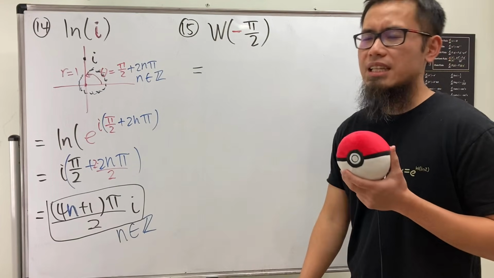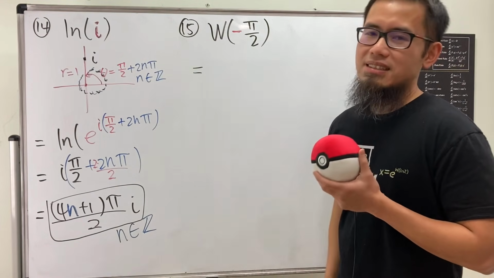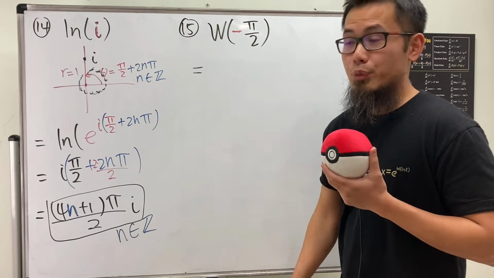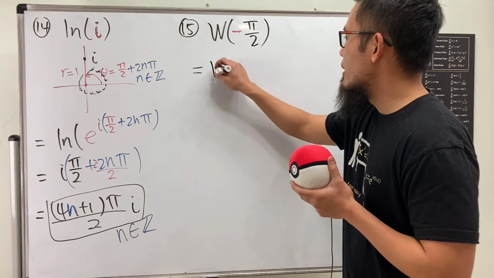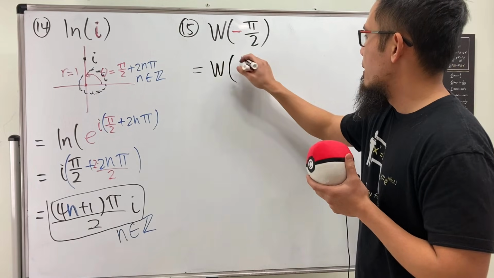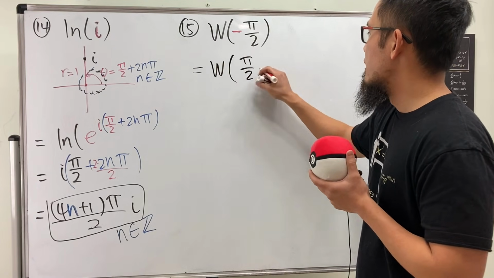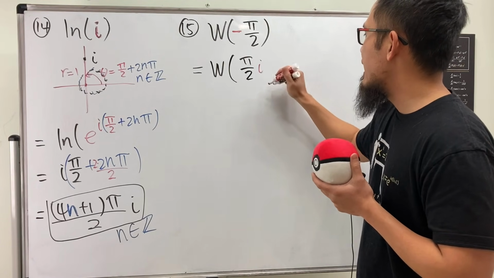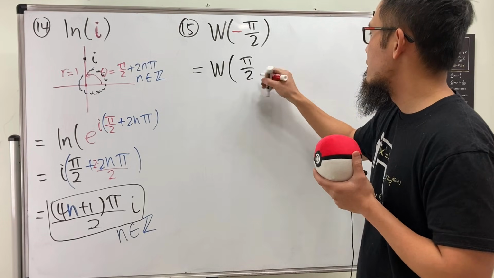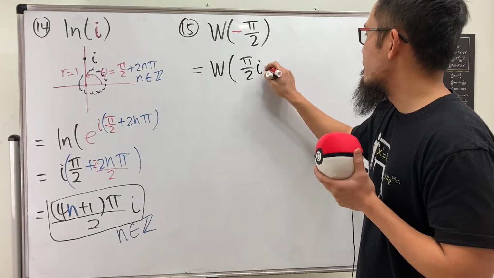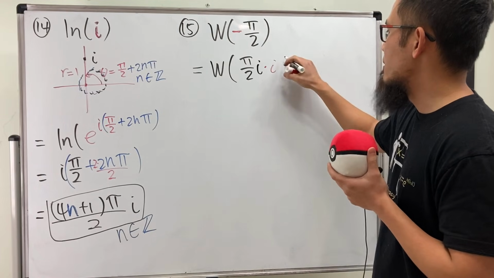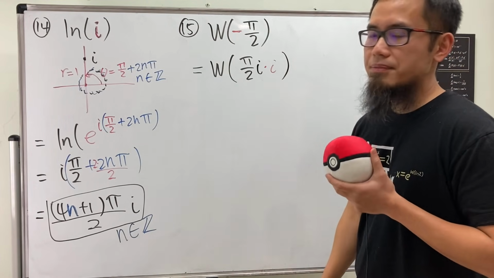Of course, positive times negative is negative, but that's not complex analysis. We know i times i is equal to negative 1, right? So this right here, we can look at this as W of pi over 2, and then let's just write down i times i. So let me put down the i in black first, times i. That's of course the same as negative 1, no problem on that.